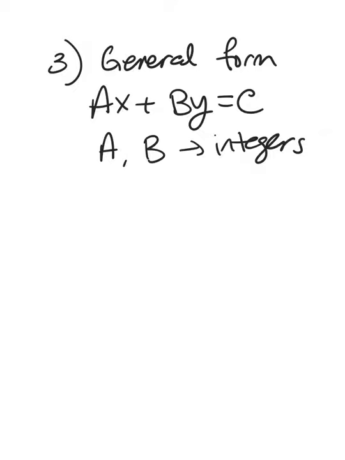You guys did these before, freshman year when you did systems of equations, where I said something like, we were selling Riverside basketball tickets, $8 for adults, $5 for students, and made a total of $1,500. So you guys would write an equation of, okay, $8 for every adult plus $5 for every student gave us $1,500. This is still an equation of a line, it just looks a little bit different.